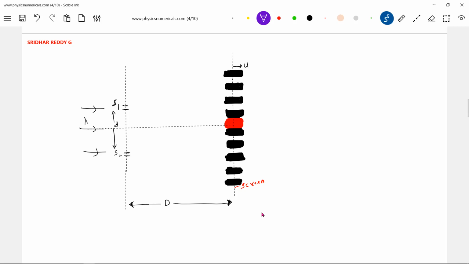With what velocity will the different orders of maxima move? So let's get into y equal to n lambda D by d. D is the variable, so instead of this capital D, let me write x. Now dy by dt should be equal to n lambda by d times dx by dt. dy by dt is the y component of the velocity of the different order fringes, and dx by dt is the velocity of the screen.